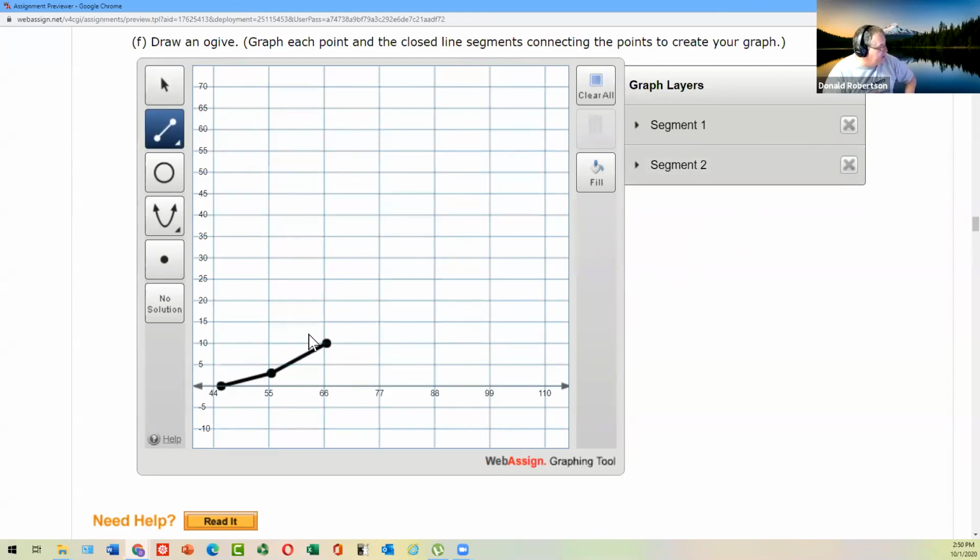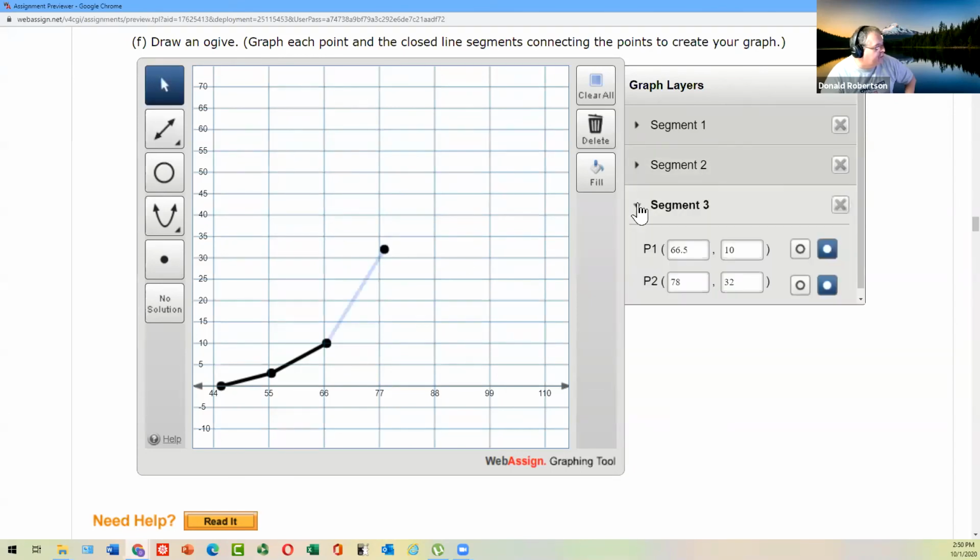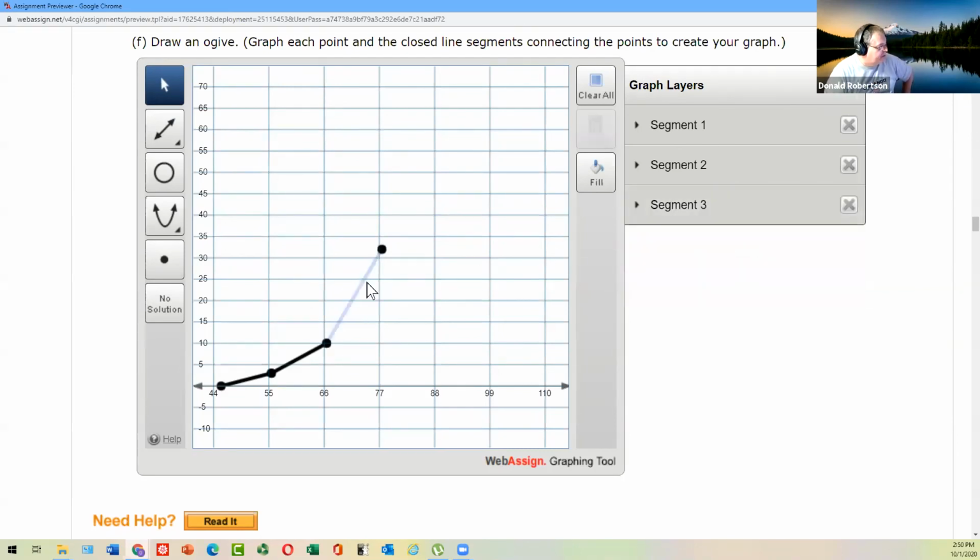Right, the next one is going to be from where that one left off, 66.5, 10, and I'm now going to go to 77.5, 32, which I'm guessing is about here. See how close I was. Got that one. Not too bad. 77.5, done. Okay, just keep going.